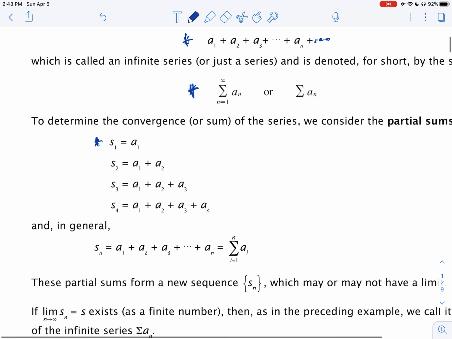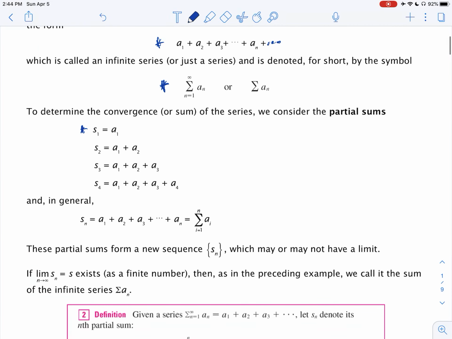So in general, the arbitrary partial sum of the first n terms would be a sub 1 up to a sub n. So if we actually consider a sequence of the S sub n, that would be here S1, S2, S3, S4, and that is a sequence, right?